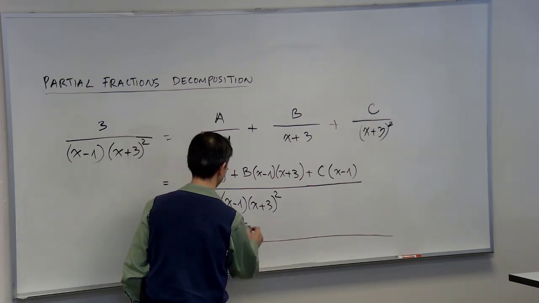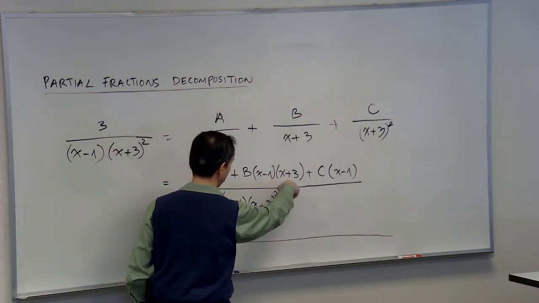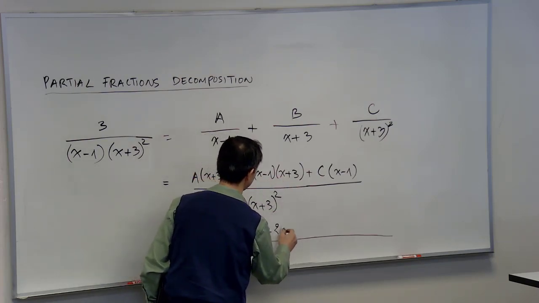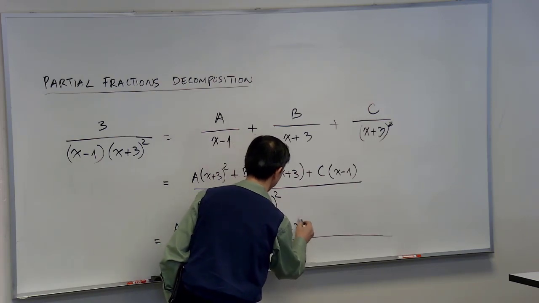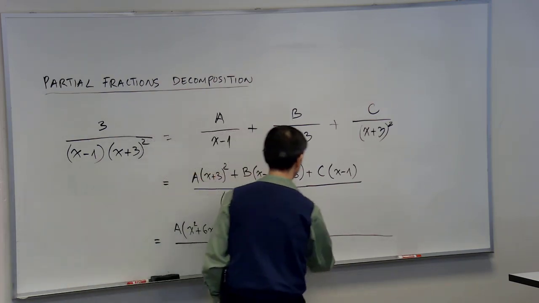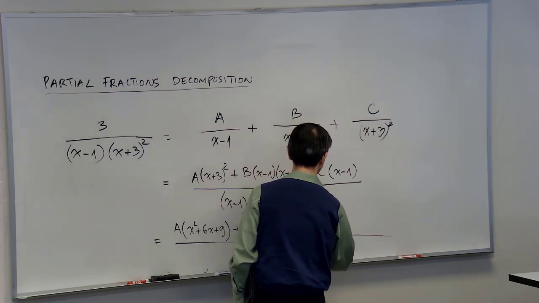And plus B here, after foiling out these two factors, I'm looking at x squared plus 2x minus 3. And then I'll have plus C times x minus 1, all over x minus 1 times x plus 3, all squared.